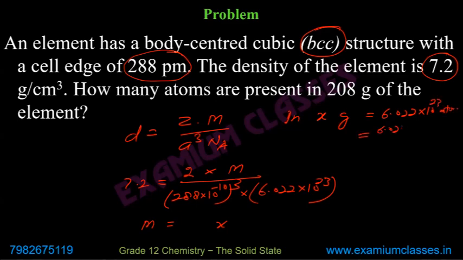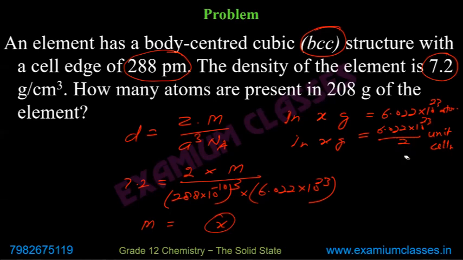That is 6.022 into 10 power 23 divided by 2 unit cells in X grams, whatever is the molar mass calculated here. Why? Because molar mass will have Na particles. But because it is BCC, body centered cubic, two atoms will make one unit cell. So to get unit cells, you will divide the number of atoms by two.